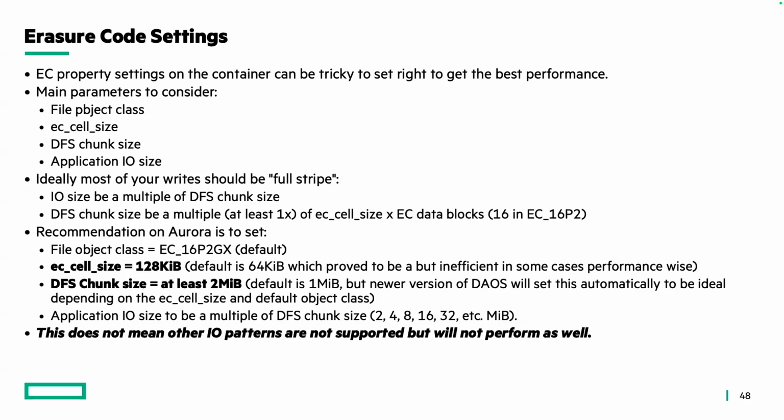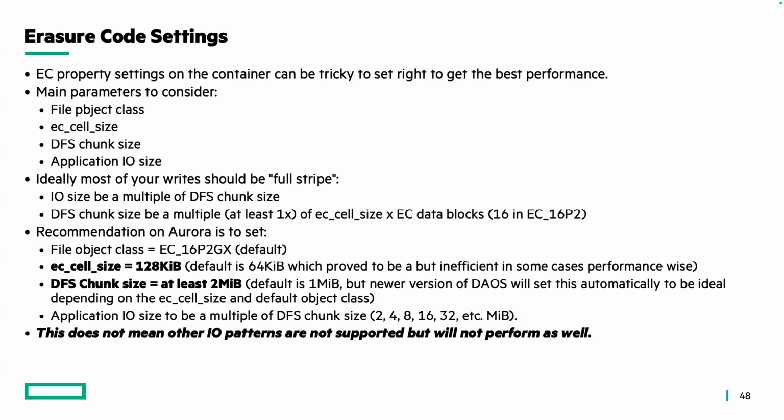The ideal way, as I said, is to do full stripe IO, where the IO size is a multiple of the DFS chunk size, and that's also a multiple of the EC cell size. I don't want to get too far into the weeds on this, because the ideal first step is to run your application and see what performance you get.